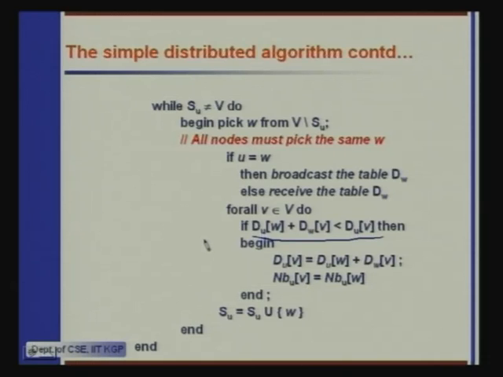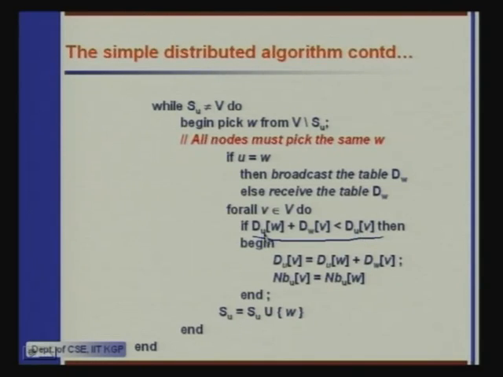Now, after this, we realize that there is a slight improvement that we can do, and that is that all those nodes for which duw is infinity will never update duv, because if this term is infinity, then infinity plus anything cannot be lesser than any other finite quantity, right.